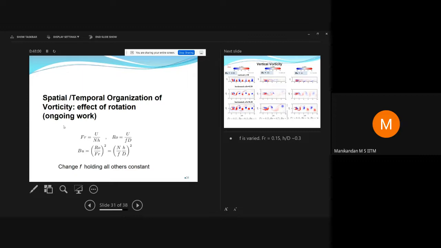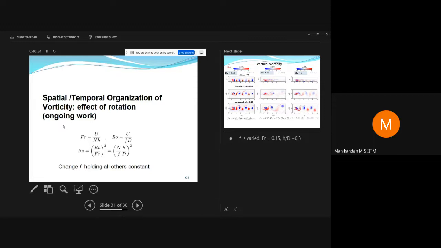But if you have a rotating stratified fluid, then one way of estimating the strength of rotation with respect to stratification is to take the so-called Burger number, which is the Rossby number over the Froude number squared, which is this guy in here. If the Burger number is order 1, it turns out that rotation and stratification are both important, and that's an interesting regime to look at.